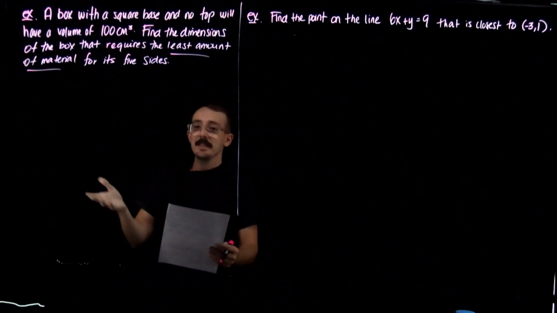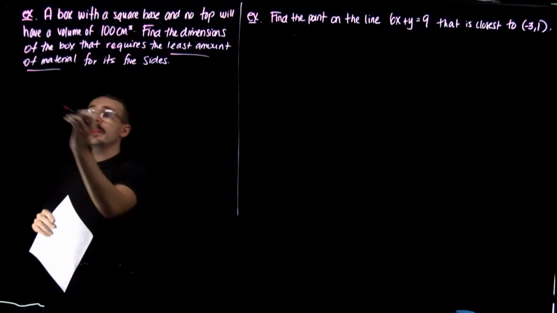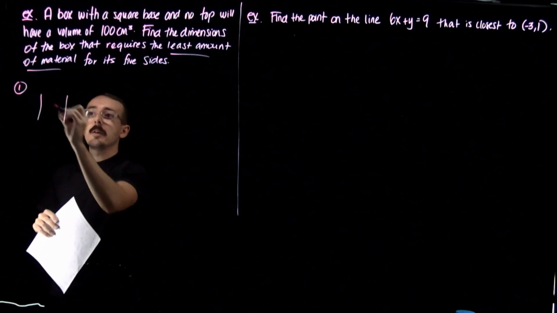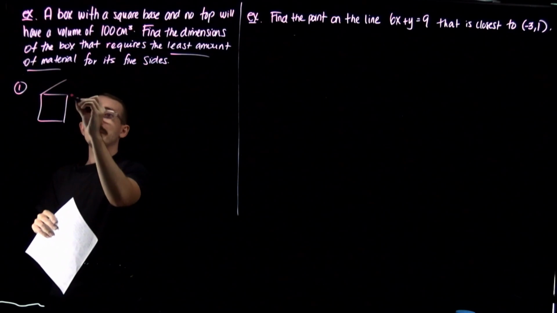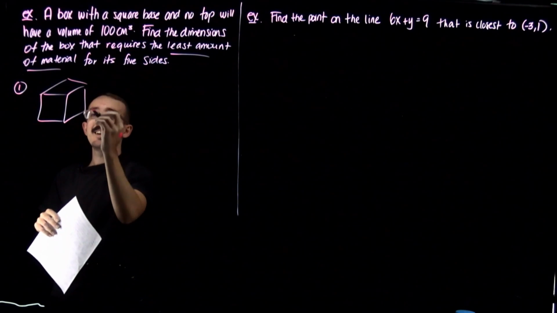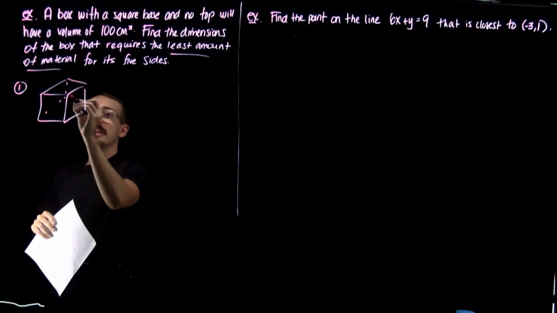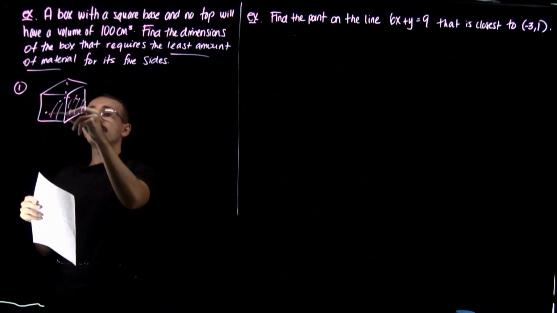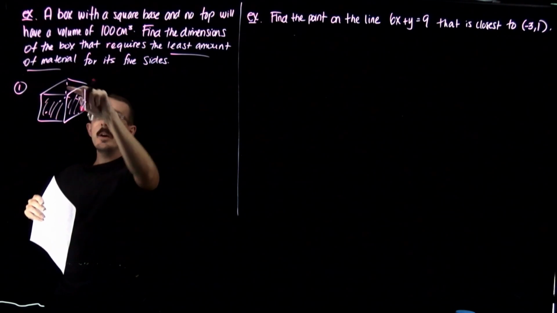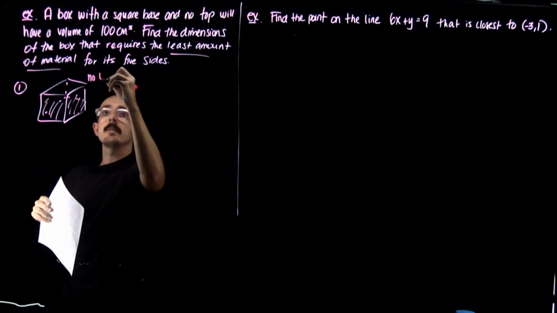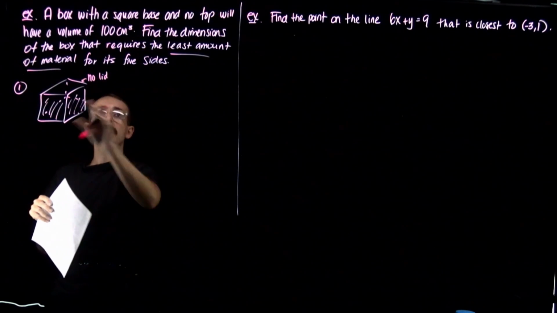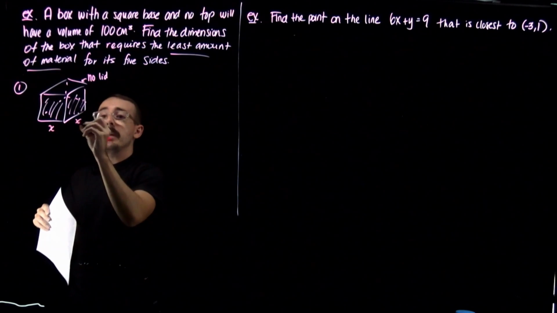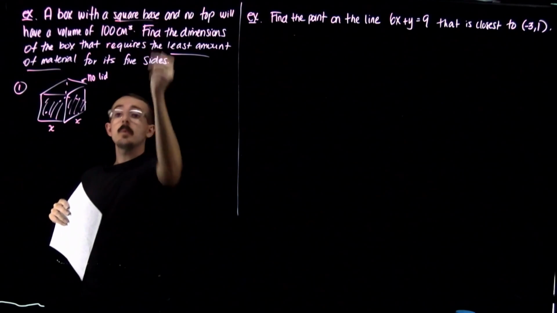So this is the situation we have here. For one, I'm going to draw a picture, as I did before. So please don't make fun of my artistic skills here. So I have some kind of box here. And there are 5 sides, including the bottom, but there's no lid for the box. So in total, there's going to be 5 sides for it. The base is said to be square.